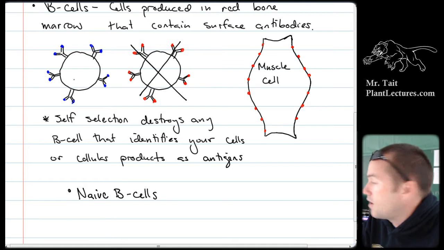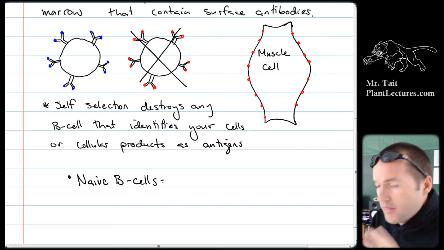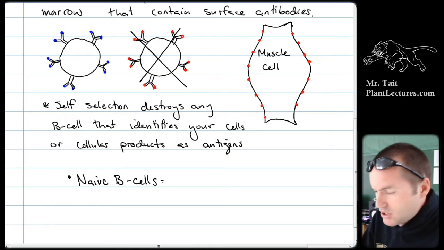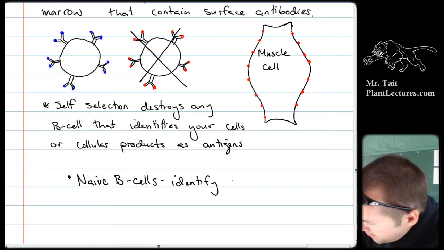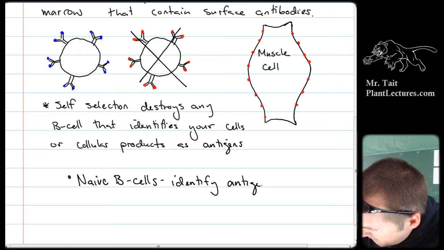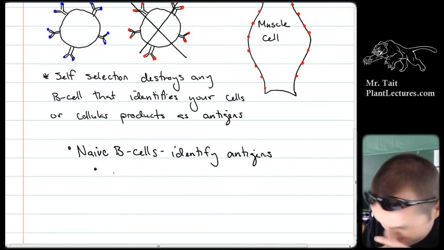All right. So you got these naive B cells. Like I said, very few of them. Their whole job is to identify antigens. When they do identify an antigen, they become active.